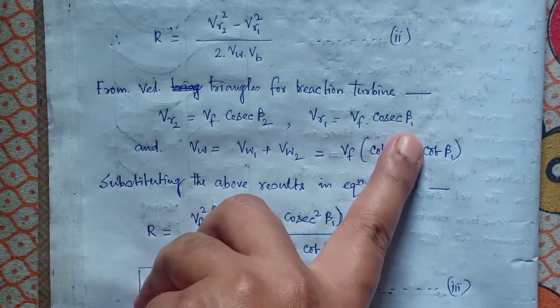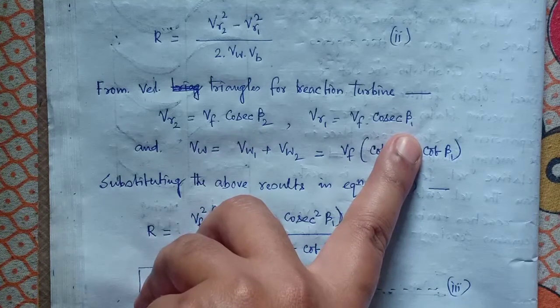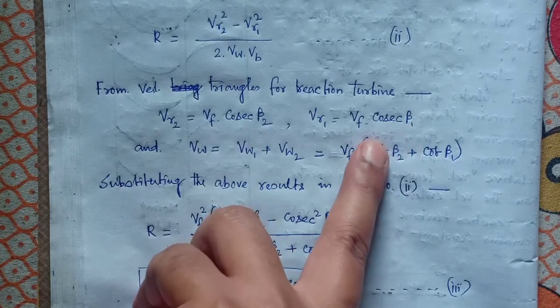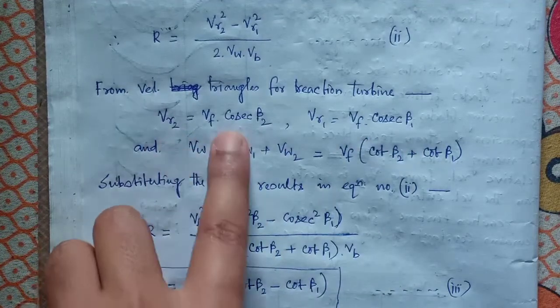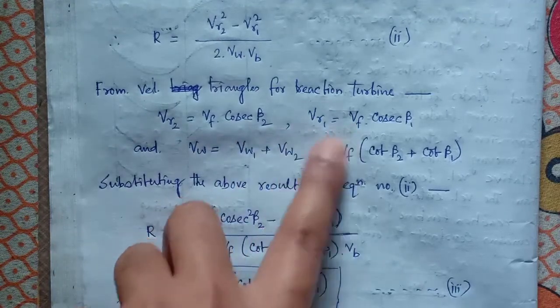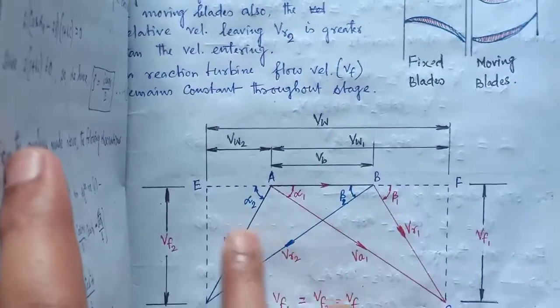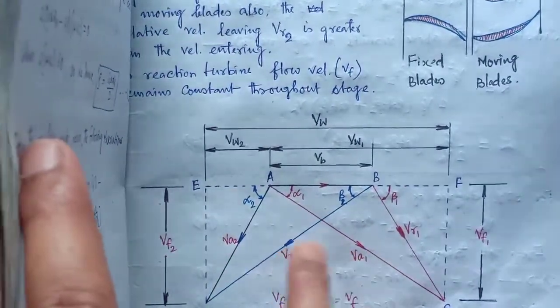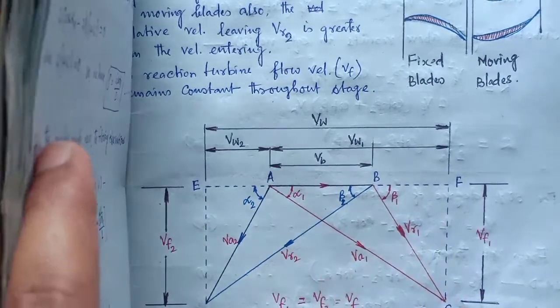If we apply the rules of a right angle triangle, we will have Vf by Vr2 equal to sin beta 2, and Vf by Vr1 equal to sin beta 1. If you follow the triangle, you will have these expressions very easily. So there should not be any doubts, I think.